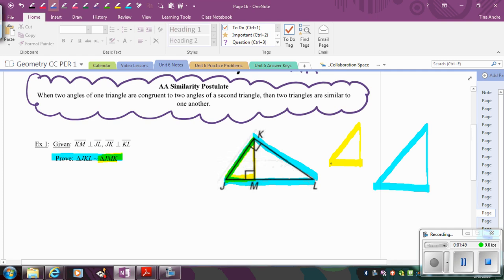This is going to be J, I have a right angle here at M, and then K. For the large triangle, this is going to be K, J is going to stay down here, and L is up top. J and J match up, K and M match up, and L and K match up. That's how I can turn my larger right triangle so that they match up.